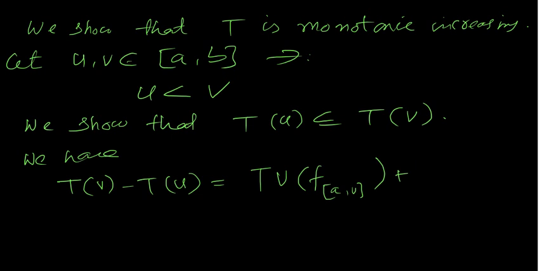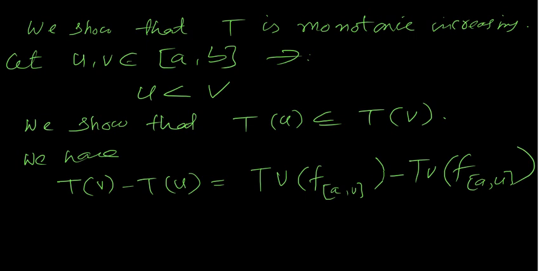T is the total variation function. Minus the total variation of f over the interval a to u, and u is less than v.